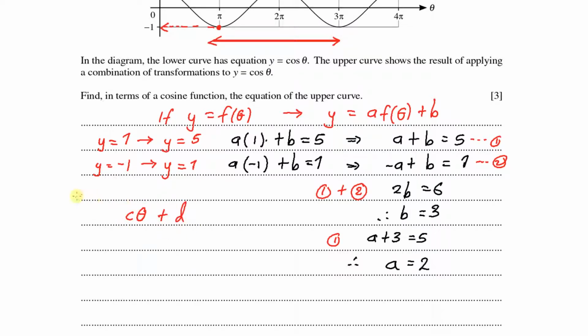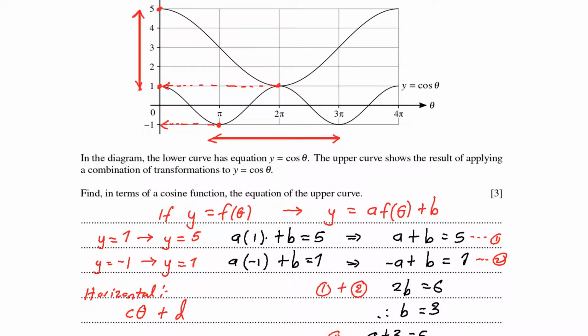So this will affect the horizontal aspects of the graph. So let's look at some x points that have been transformed. And let's start with this point here, which has an x coordinate of 0.